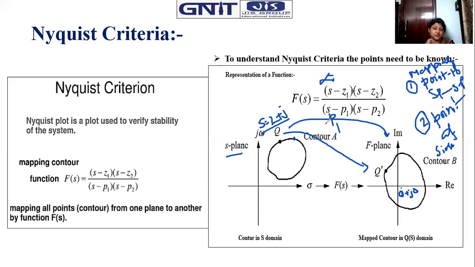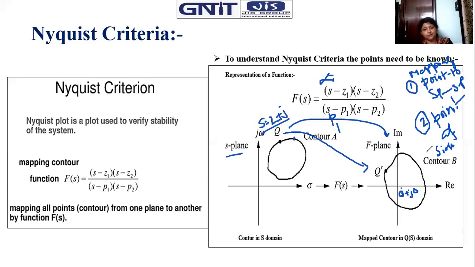Okay, and the origin should be here, 0 plus j0, right? 0 plus j0, and we are getting here domain to domain transformation, Q to Q dash. So starting from the S plane, all the points considered on the contour will be mapped here. So it is called the mapped contour.